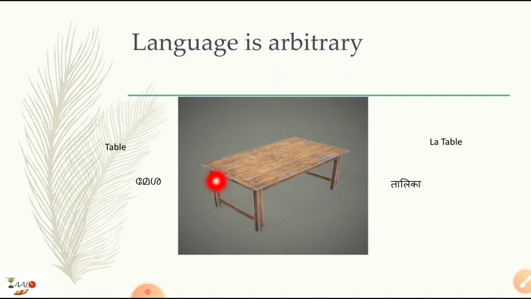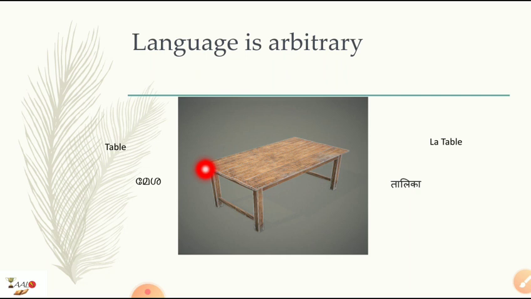So this is a table in English, and if you say that you want a table when you go to a place where the majority of people speak Hindi, they won't be able to understand what you are saying. If there was a one-to-one relationship between the thing, the table, and the word table, then a person might be able to understand it irrespective of where he came from.